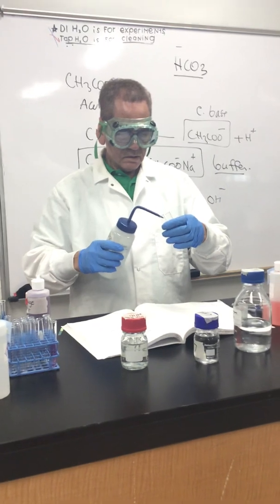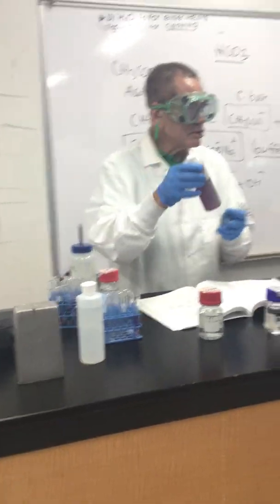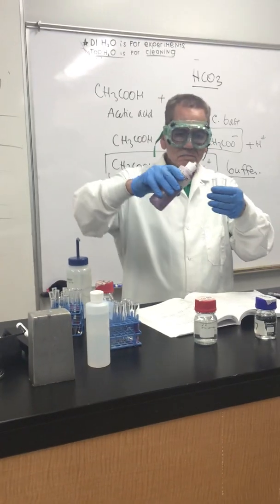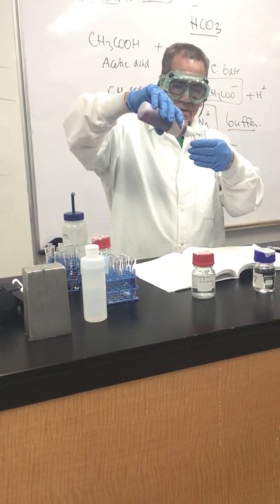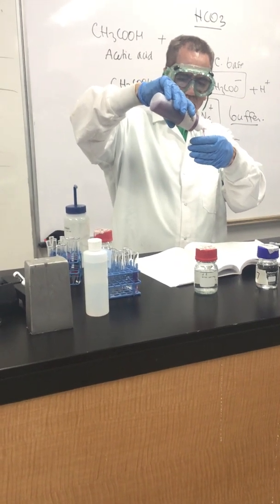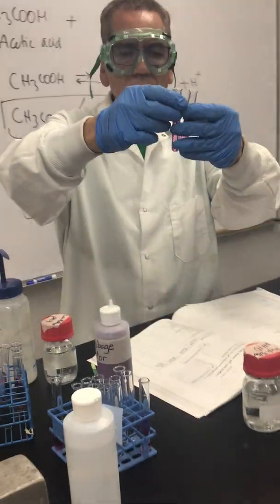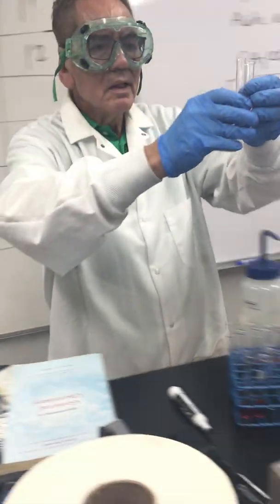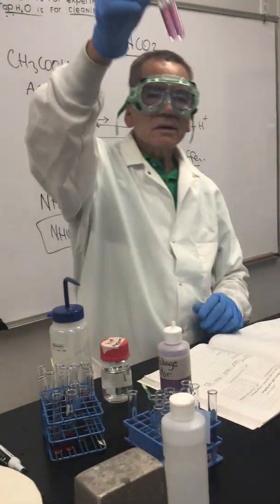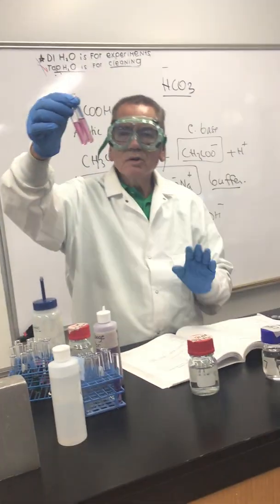Okay. I'm going to use cabbage again as a pH indicator for water. Colors are almost the same because it's water, both of them. But we're going to assume that water is a buffer. You got it? So assume water is a buffer.